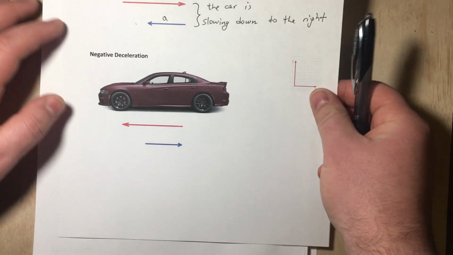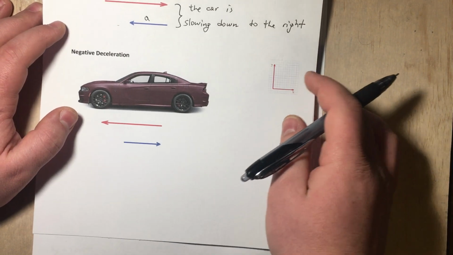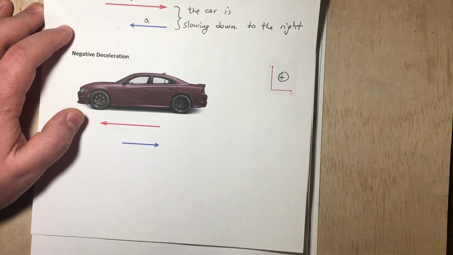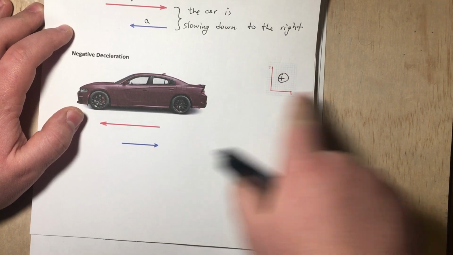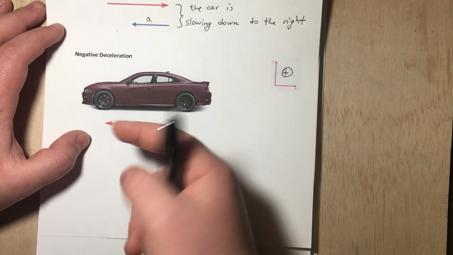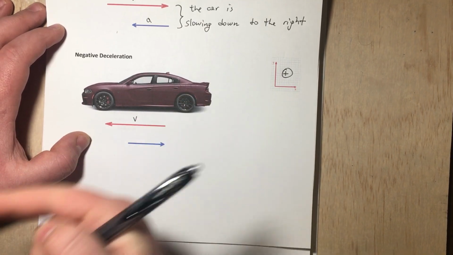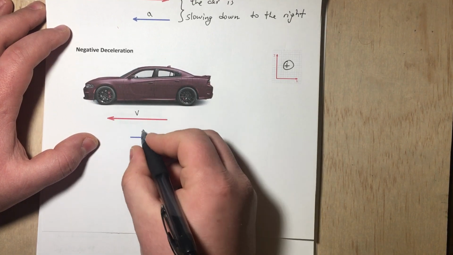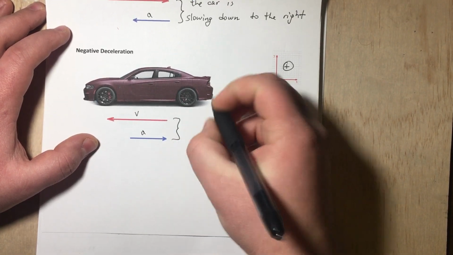So let's look at the other case where we have negative deceleration. So again, very important to notice that our coordinate system to the right is positive, upward is positive. We notice that velocity is pointing to the left, so the car is moving to the left. However, our acceleration is pointing to the right, which means that our car is decelerating.